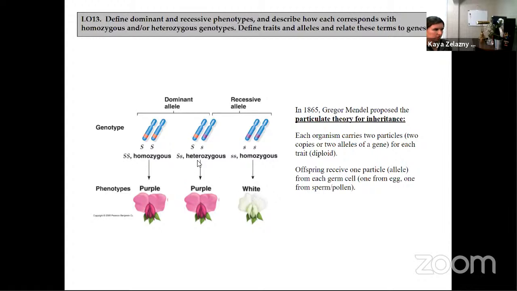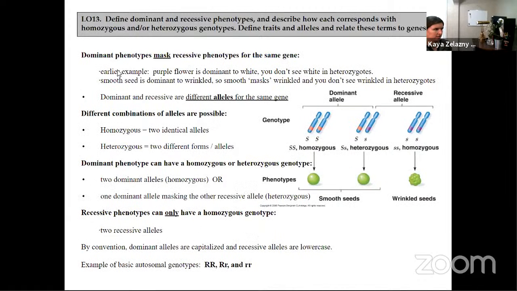It's covered over when we have a copy of the dominant allele and a copy of the recessive allele, but we actually see it when we have two copies of the recessive allele. So the dominant phenotype can mask those recessive alleles for that same gene. We have names for the different combinations. If we have two copies of the same allele, the same version of that gene, we refer to it as homozygous.